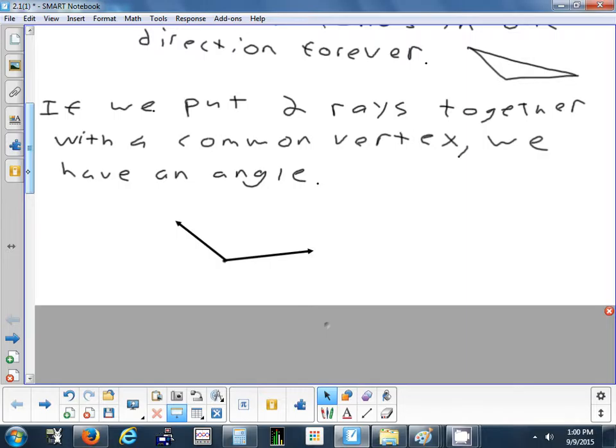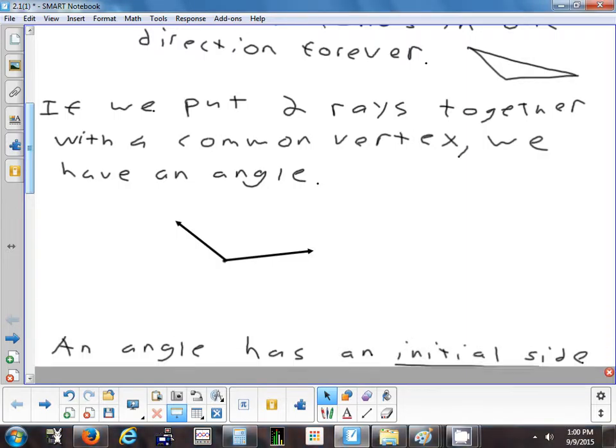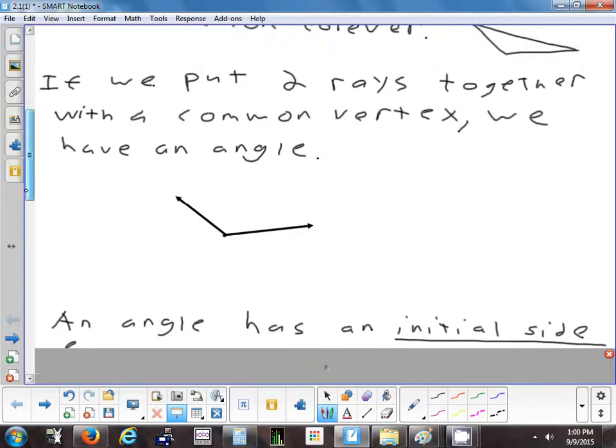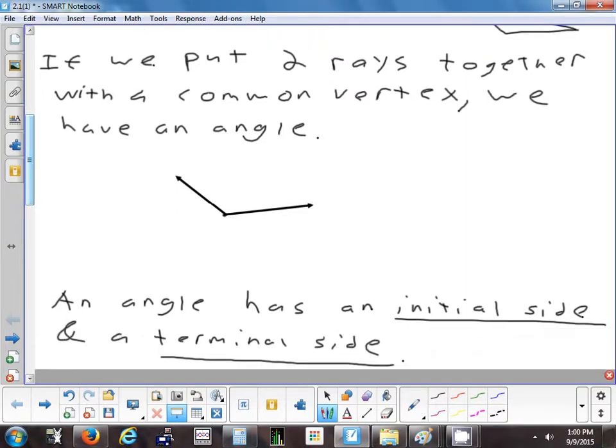When you sketch an angle like this, you've got two sides to it. One side is called the initial side, and the other side is the terminal side. In the diagram up above, this is the initial, and the other side is the terminal side.